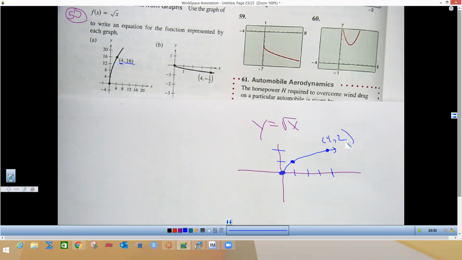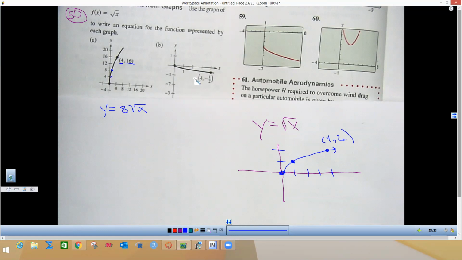But we're taking this value of 2 and multiplying it by 8 to get to 16. So this graph is going to be a vertical stretch of 8, so I have to put an 8 out in front of that. That's pretty hard to tell, but (1, 8) would be that point right there if you put a 1 in. You put 4 in there, that's 2 times 8, which is 16.